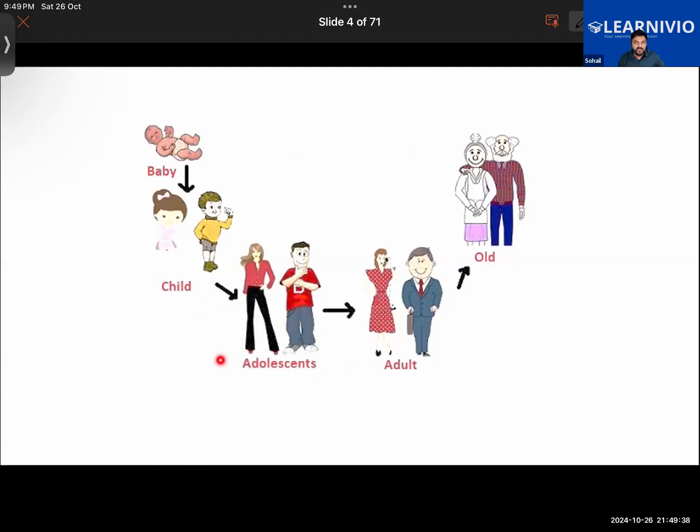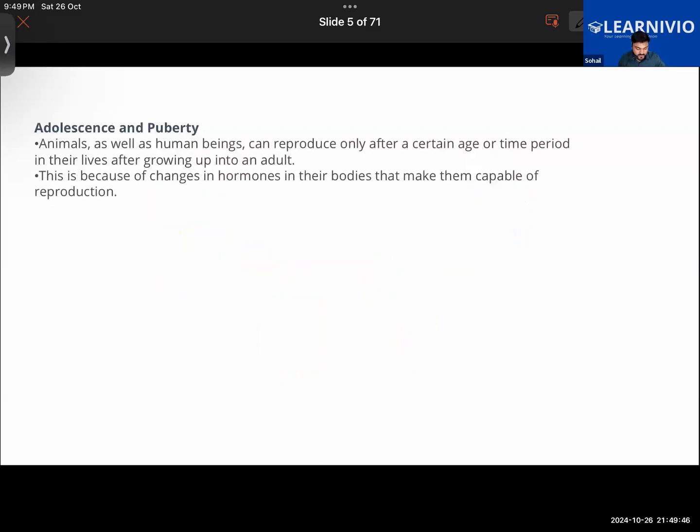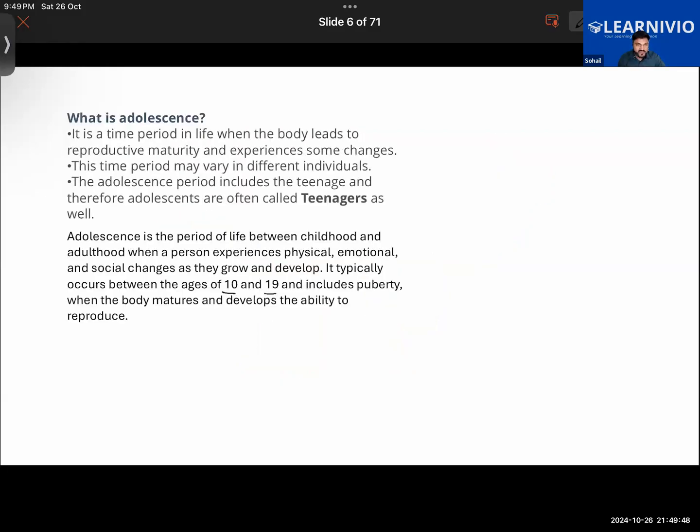Also, we can say that adolescence is basically a period of transition, where the child is transitioning into an adult. They are no longer a child, but they are about to become an adult. So that is called the age of adolescence. The children in this age group are called adolescents. Adolescence is a time period when the body attains reproductive maturity and experiences some changes. The adolescence period includes the teenage years, so adolescents are also called teenagers.